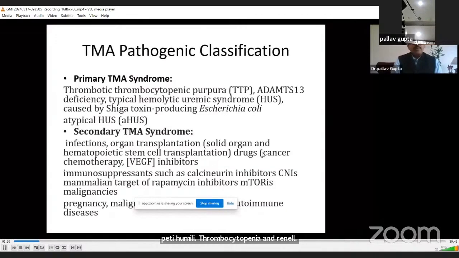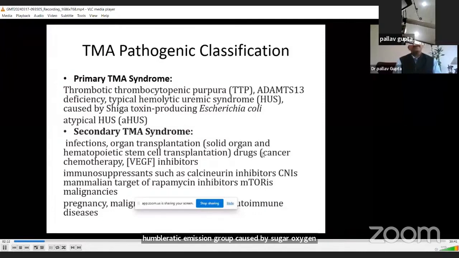Now, what is the pathogenic classification of thrombotic microangiopathy? We can have primary TMA syndromes, which can be in the form of TTP, due to ADAMTS13 deficiency, or typical hemolytic uremic syndrome caused by Shiga toxin producing E. coli, or atypical hemolytic uremic syndrome.